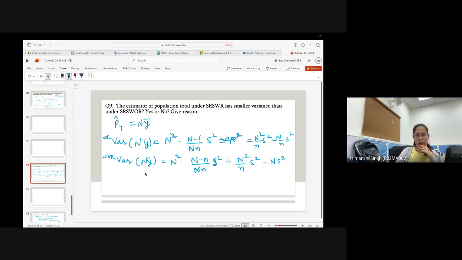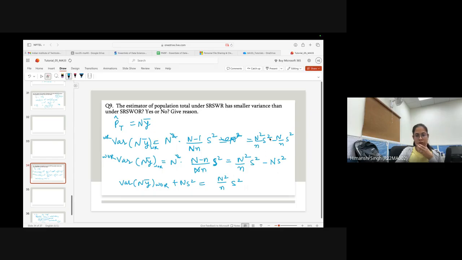Fine, and then let me write it as WR and let me write it as WOR. Now I can find out this quantity: variance of N y bar WR plus N S square is equal to N square by n S square.